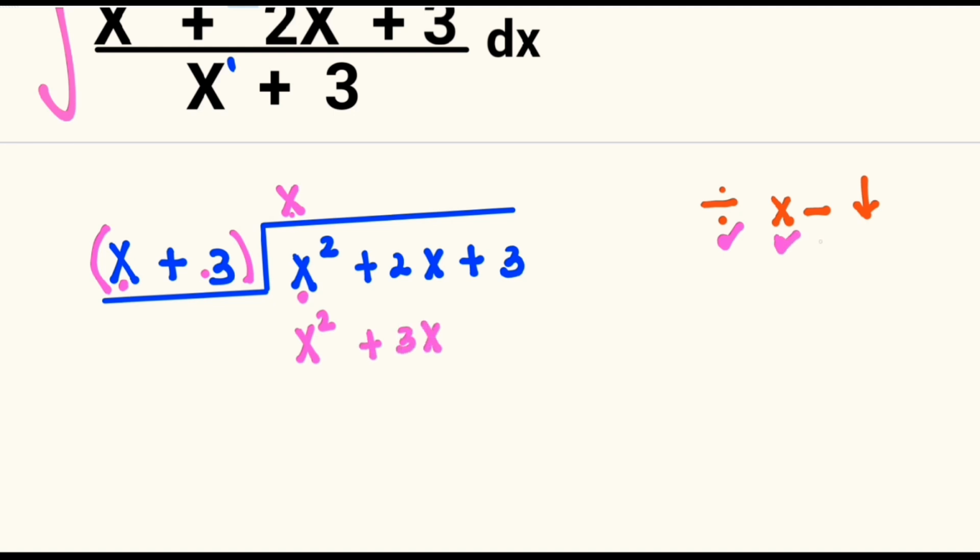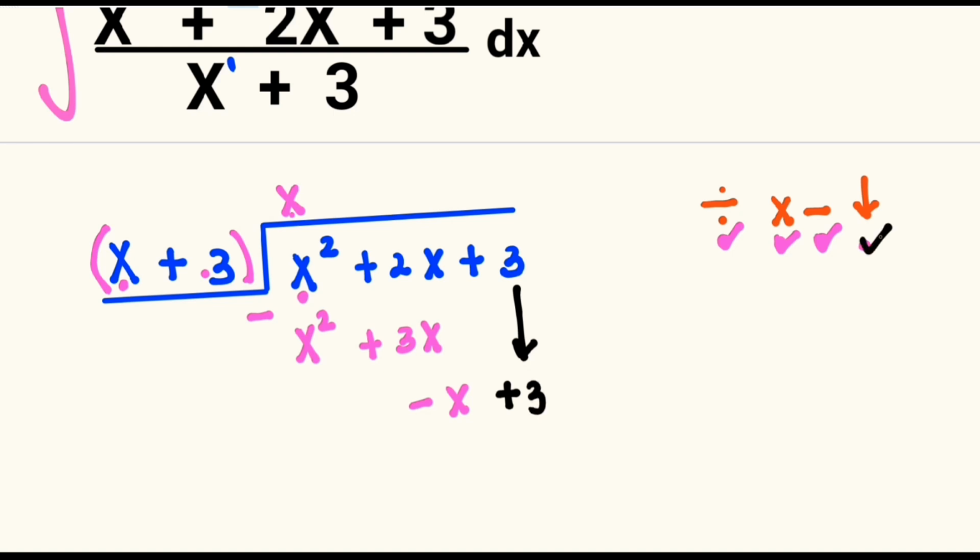We multiplied, and now we have to minus. X squared minus x squared will be equal to 0. 2x minus 3x will be equal to negative x. We minused, now we drop down. We drop down that positive 3.